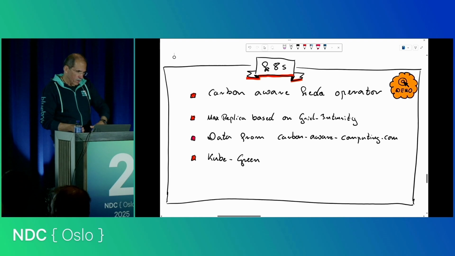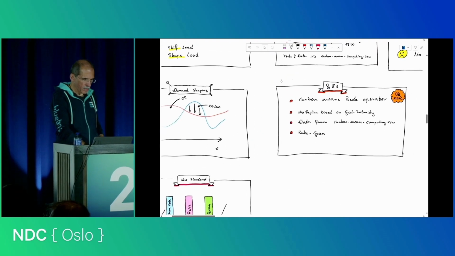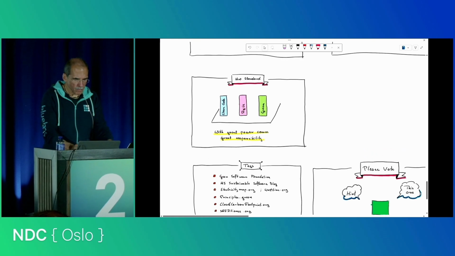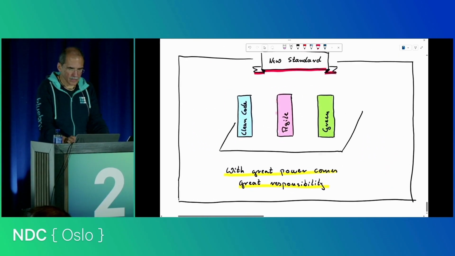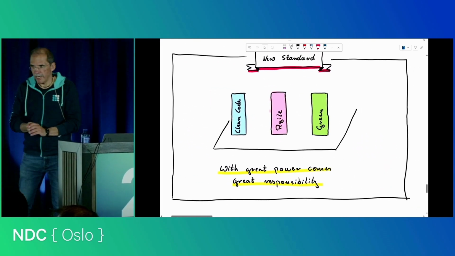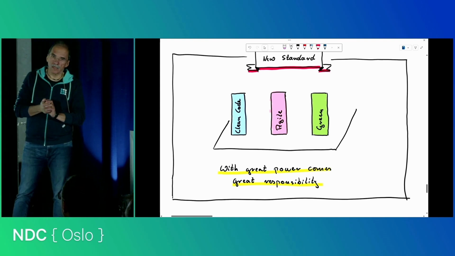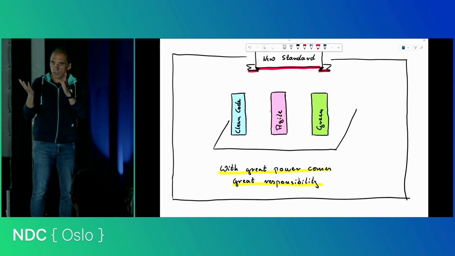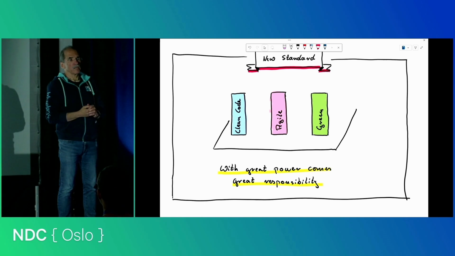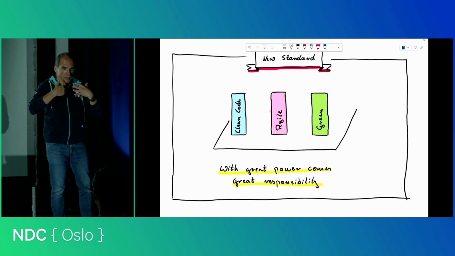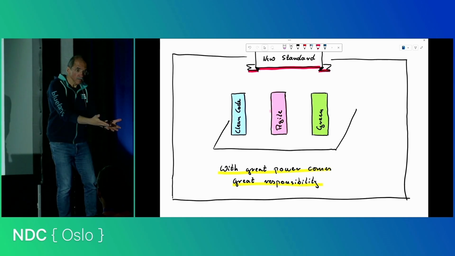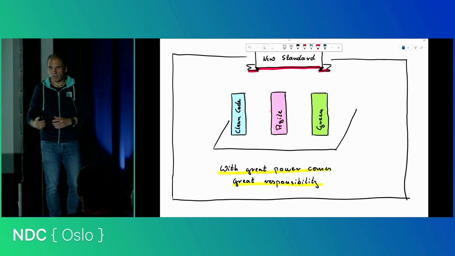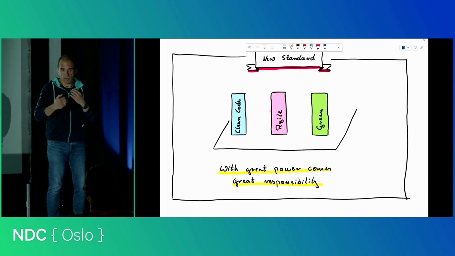Okay, time is running out, but I'm almost finished. I'm pretty sure that our profession will change. The way we are doing software will change. Currently, we do this clean code. It means we do our software right. We do this agile stuff. It means we do the right software.